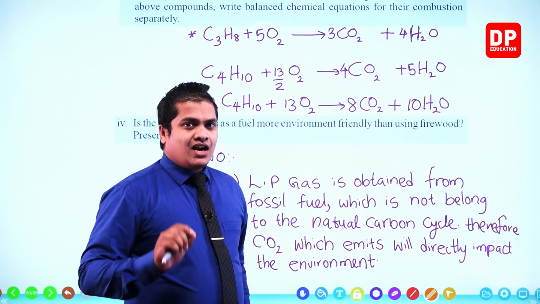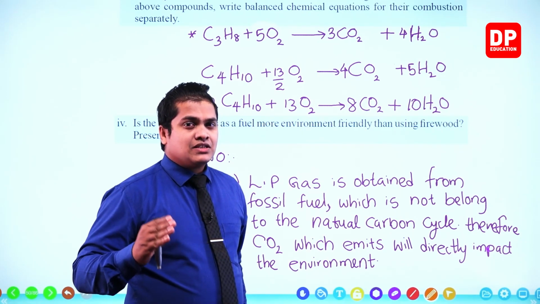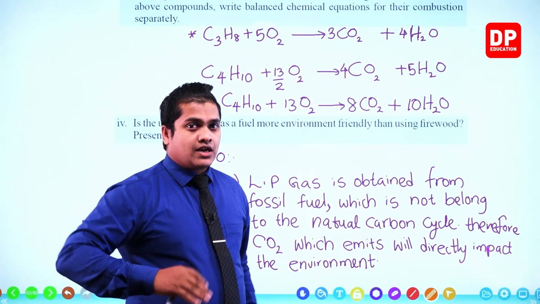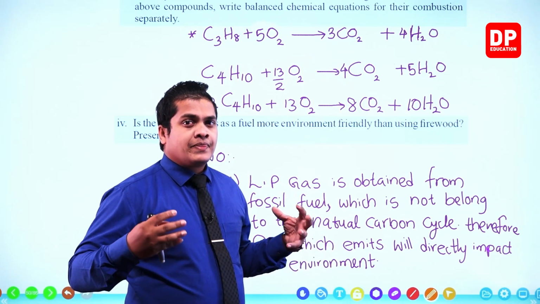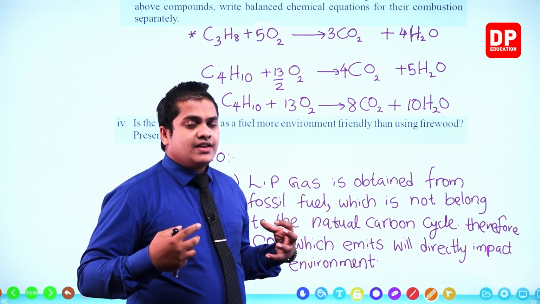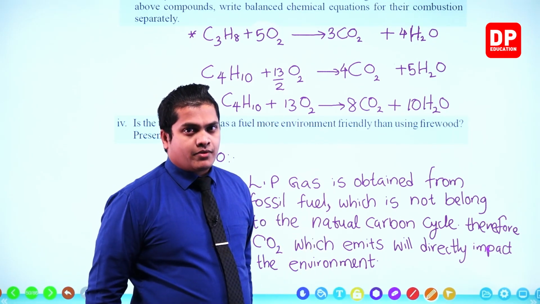However, that carbon dioxide was planned to be emitted gradually over millions of years. Suddenly we are burning these things and releasing them to the environment. So the carbon dioxide emitted by burning fossil fuel will create severe environmental problems.